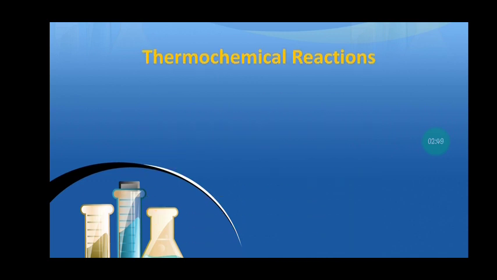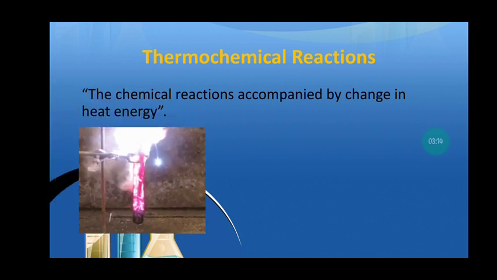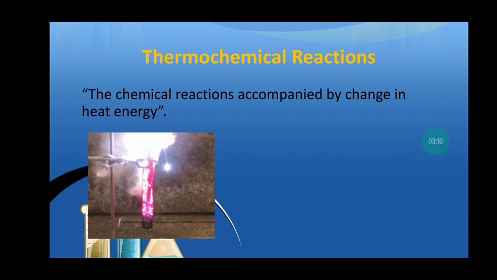How do these changes occur? But first of all, we should understand what thermochemical reactions are. Now it is very easy for you. The chemical reactions which are accompanied by a change in heat energy. It means that at the start, when we have reactants, the heat energy is different from the heat energy of the final products. You can see here a reaction is occurring which is resulting in the formation of heat.